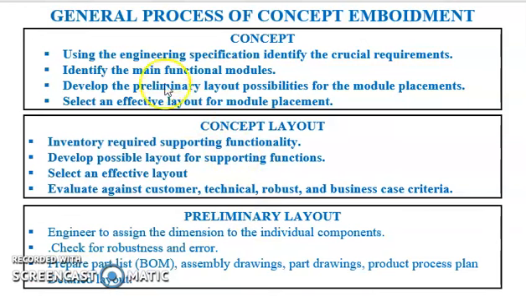The process begins with considering product specifications. Then critical needs are identified that will drive the embodiment process. These are size determining specifications, arrangement determining specifications, and material determining specifications.